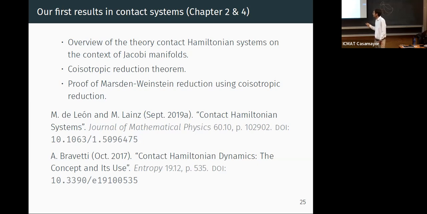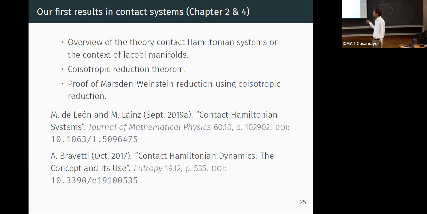And we thought about proving some results on these systems. The aim of this paper was to prove a coisotropic reduction theorem, but we also ended up making a kind of review of the results on contact Hamiltonian systems, and we compared them with other geometries in the context of Jacobi manifolds.